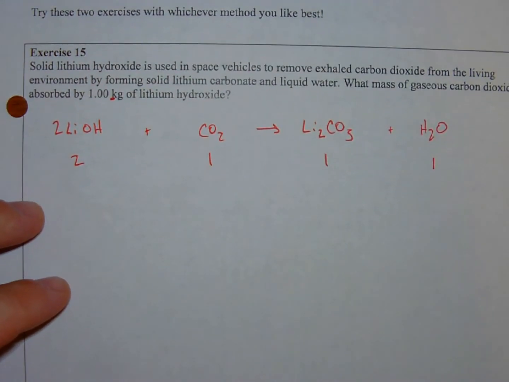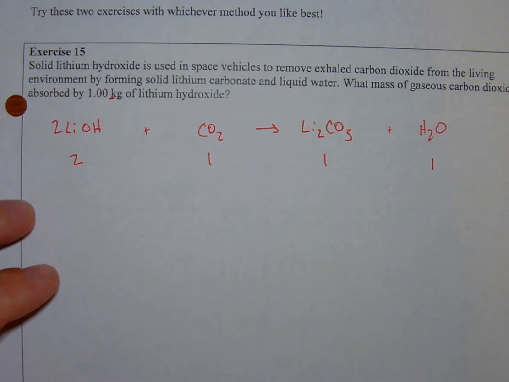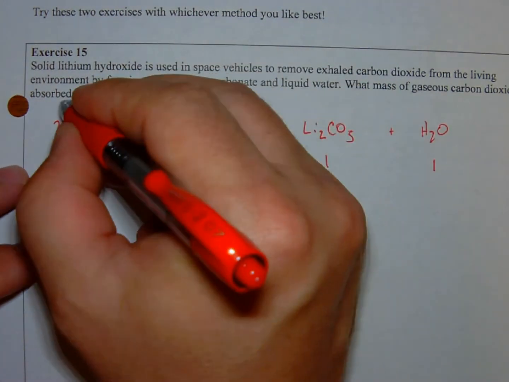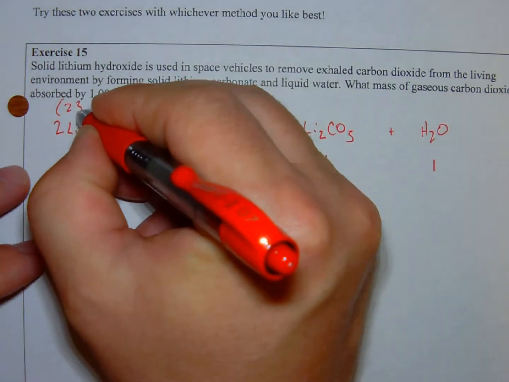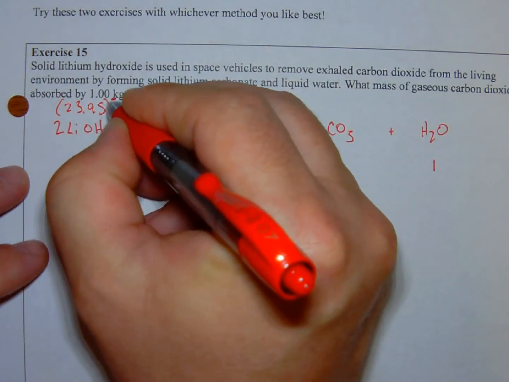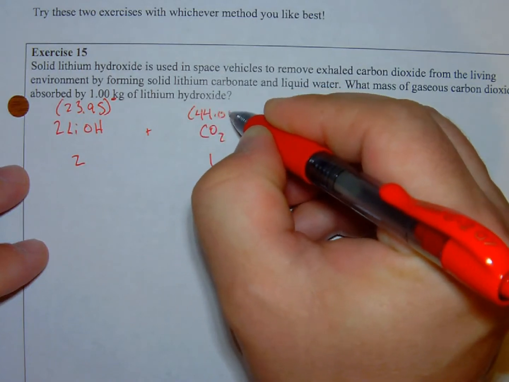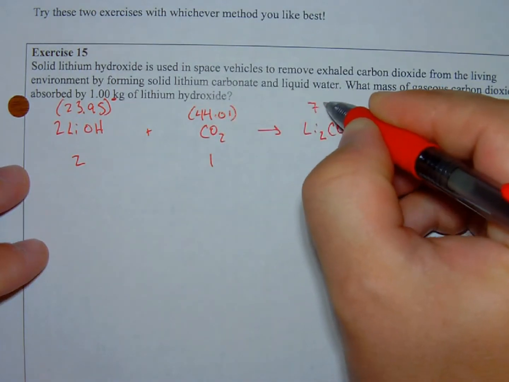But before I start getting into calculations, I'm going to need some molar masses. Now, you guys know how to work a calculator. I happen to know where these are off the top of my head because I've done problems with these quite a bit. So I'm just going to knock these out. You just have to trust me that these are the correct molar masses.